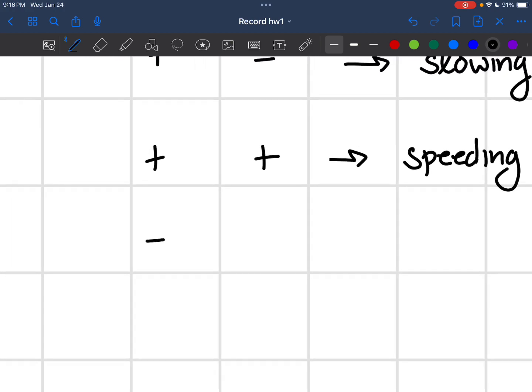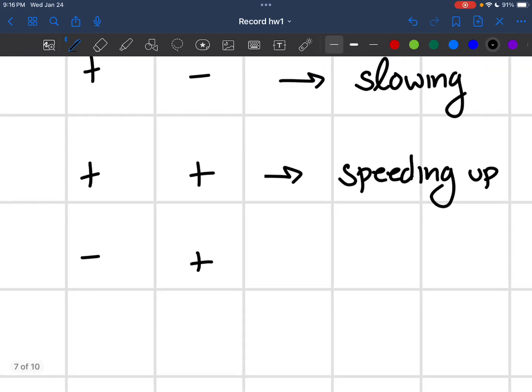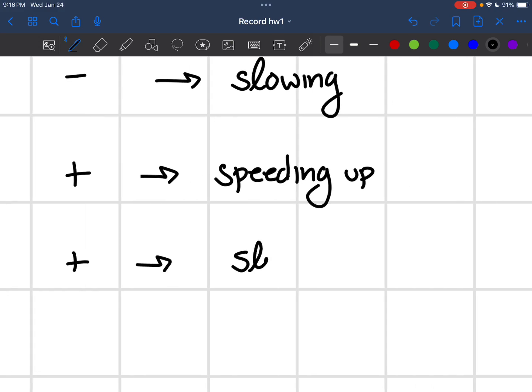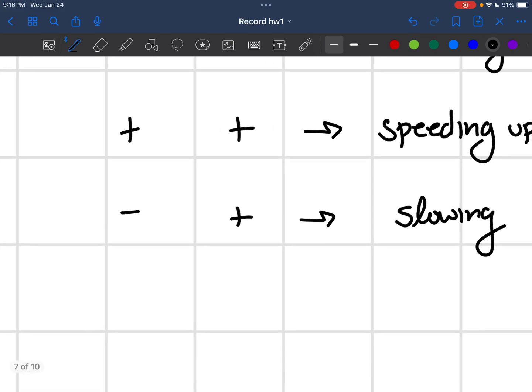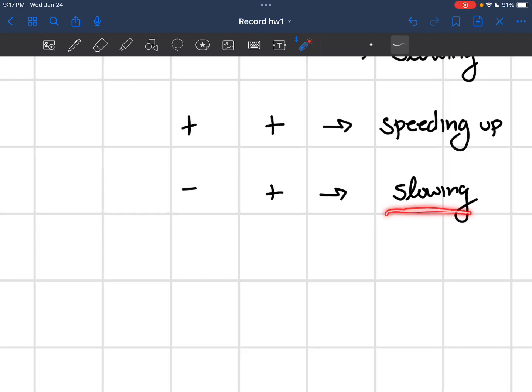Now, if I have a negative velocity and a positive acceleration, that would be slowing down, because it's going in the negative direction, but it's changing towards the positive, so it's getting less negative. It's moving back towards 0, so it's slowing down.